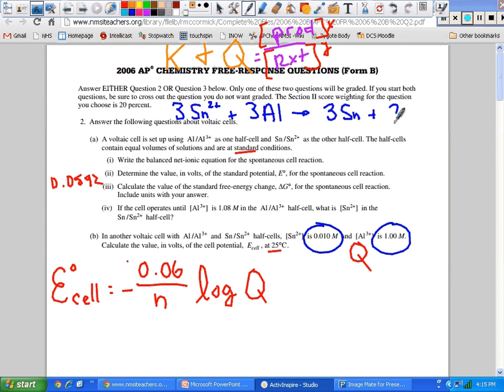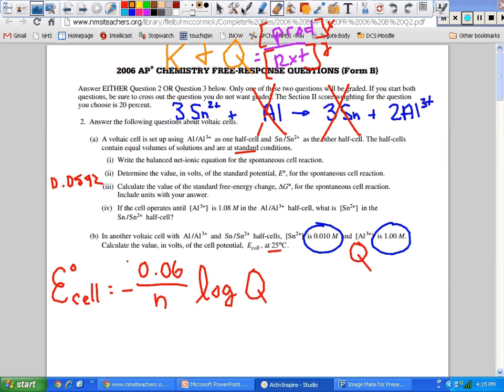What never gets written in K expressions? Solids. There are two solids in this equation. What are they? Very good. Those two, right? That's not a 3. That should be a 2. I'm sorry, I messed that up. That needs to be a 2. All right, this still doesn't matter. You're still canceling it out.